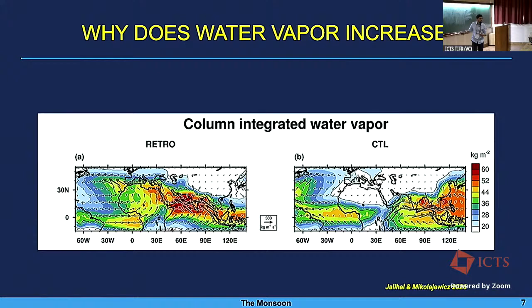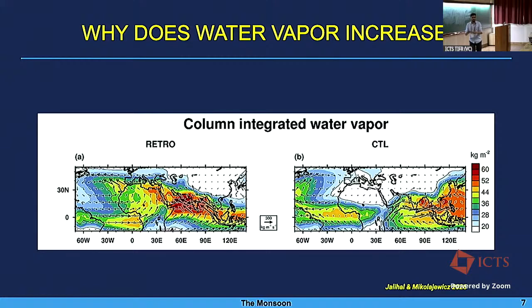The arrows here are vertically integrated moisture fluxes, and color is column integrated water vapor. Right? So there is a lot of moisture getting advected over Sahara from Arabian Sea and also some from the Atlantic Ocean. So there is a strong convergence of moisture in this region.